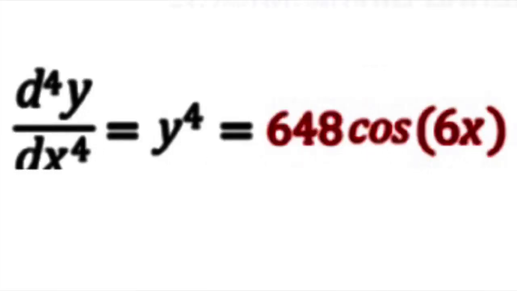Now simplify. So we will get d raised to 4 y upon dx raised to 4 equals to y raised to 4 equals to 648 into cos of 6x, which is your fourth derivative. So this is the method to find first derivative, second derivative, third derivative, and fourth derivative.